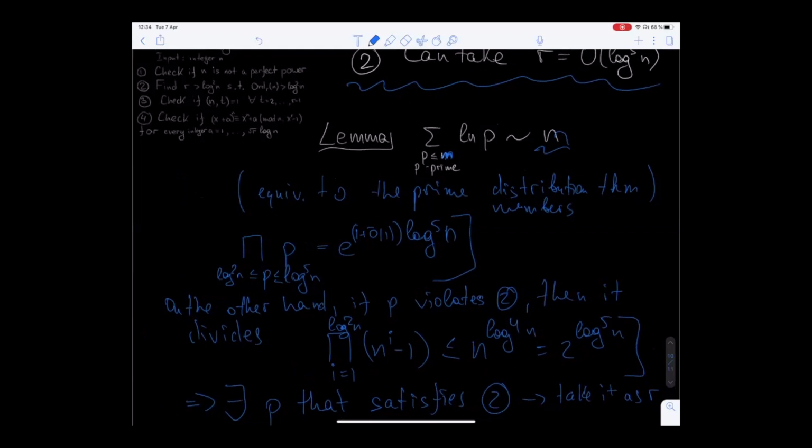Yeah, but the tools look simple, kind of simple algebra and combinatorics combined. So I don't see a place where we would rely so much on number theory, except for maybe this lemma.